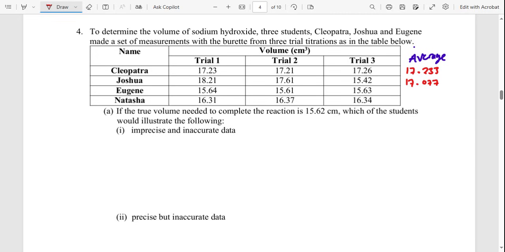We go to Eugene. 15.64 plus 15.61 plus 15.63, and then divide that by 3. That is going to be 15.527.